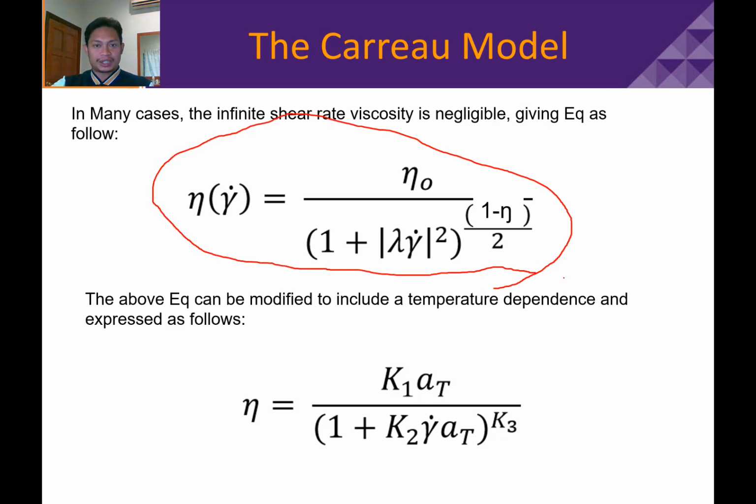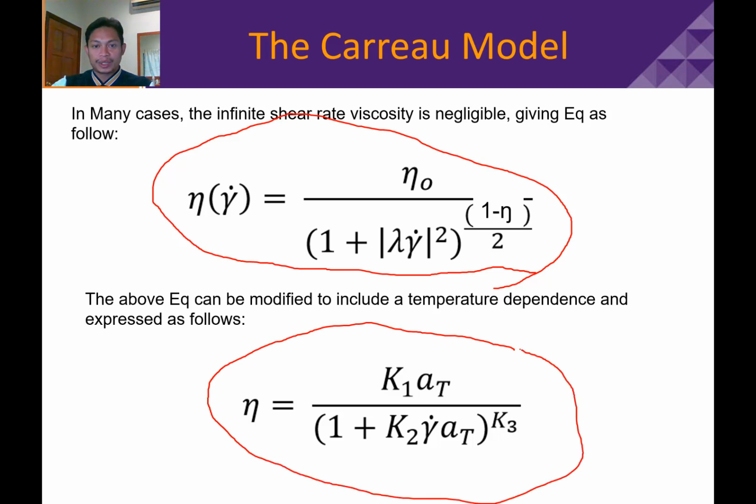This equation can include a temperature dependence and be expressed as this equation with an additional parameter, which is AT, along with a few constants, K1, K2, and K3.